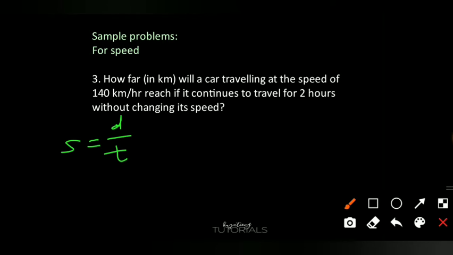No. Kung ang atong gipangita is si distance, atong i-multiply si speed ni time. Diba? If ang ato pong gipangita si time, atong i-divide si distance ni speed. Okay, so muna itulo ka mga formula. Depende kung unsa gipangita. Okay?